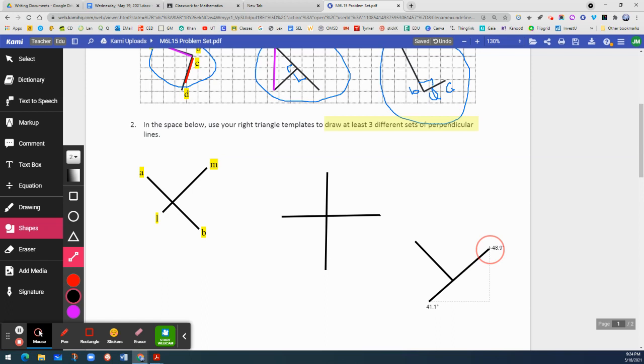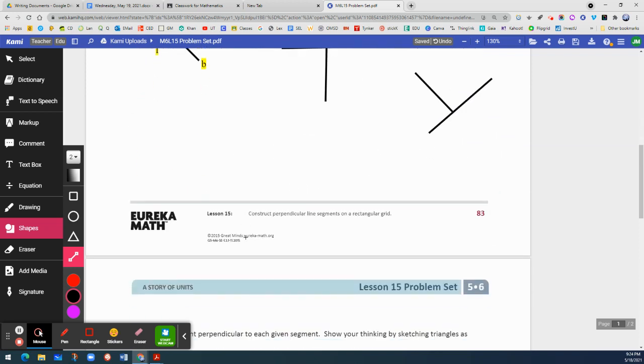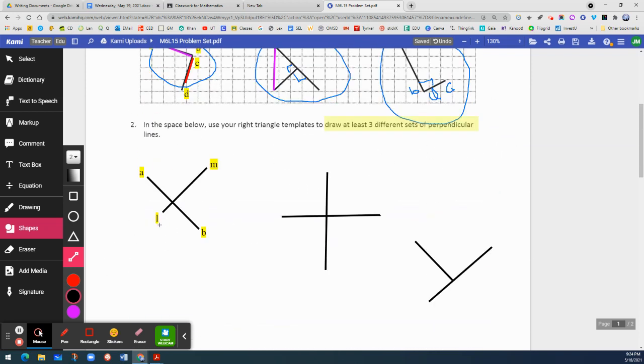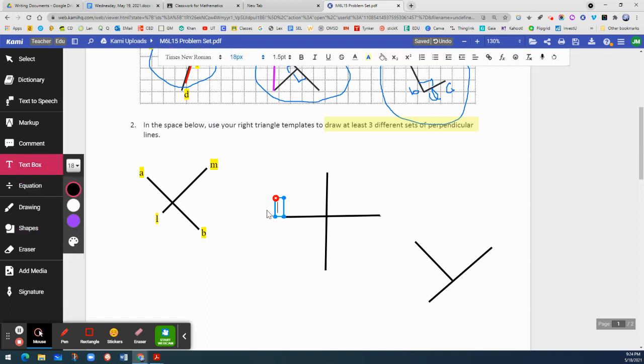Remember, the lines can meet right at the end of one of the lines, but you can also extend that line. This is what you do on this assignment, and label the segments. That will help you understand what the segments are. So this, for example, will be segment ZY, and this will be segment TR.